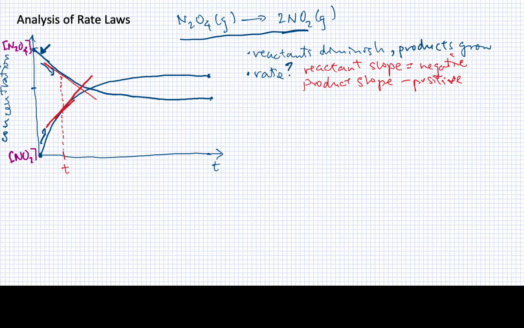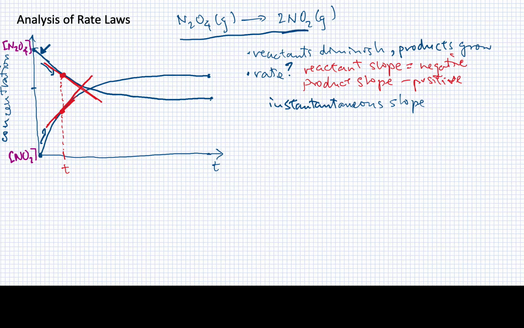They diminish because their rate of change, which is what this slope is measuring for us at this point and at this point, is a negative slope. So that tells us that the reactants are diminishing. Okay, the rate is basically an instantaneous slope. So it is a slope that is particular to a given instant in time.